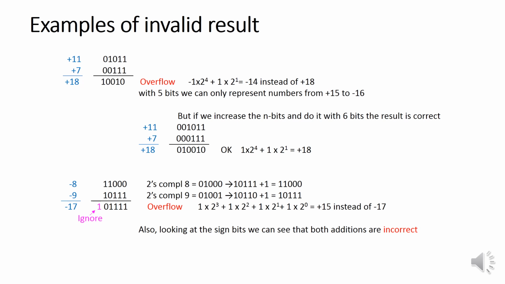The reason for the invalid result is due to overflow out of the range limits, because with 5 bits we can only manage numbers from +15 to -16, and the result is -17, so out of range.